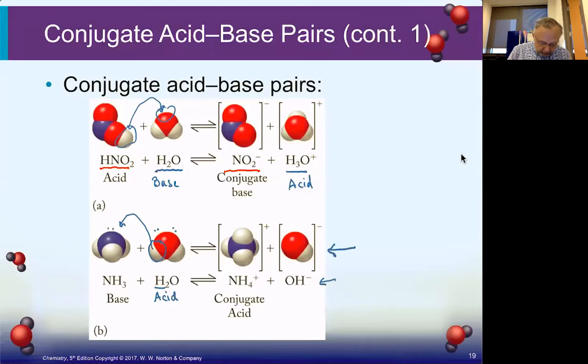So this is the base accepting protons. This is the conjugate acid, the one that has accepted the proton and now has a positive charge. Water has acted like an acid, meaning it has given off the hydrogen, and what is left is OH minus. So this is the conjugate base.